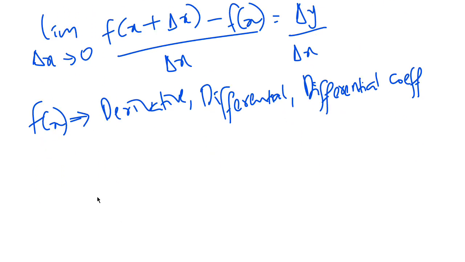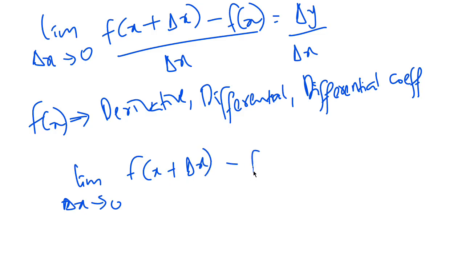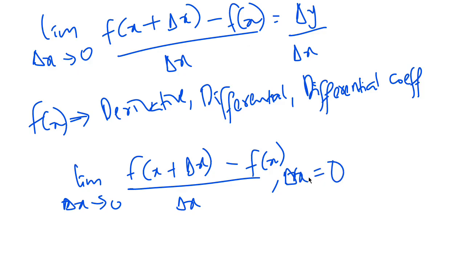Remember my video when I looked at limits, and I said the first step to evaluate a limit is by direct substitution of the terms. But if direct substitution leads to 0 over 0, then we either apply L'Hopital's rule, or we use a simplification or a factorization. In the case of this, if you substitute the change in x as 0 in this definition, note that the change in x is not equal to 0, because for a derivative to exist, we are talking about the rate of change of the x and y values.